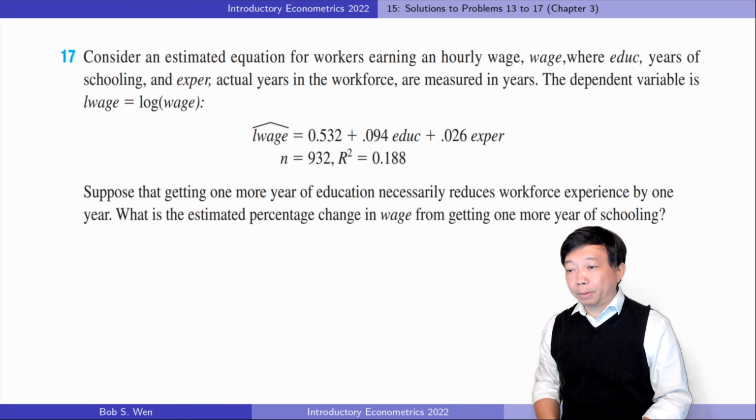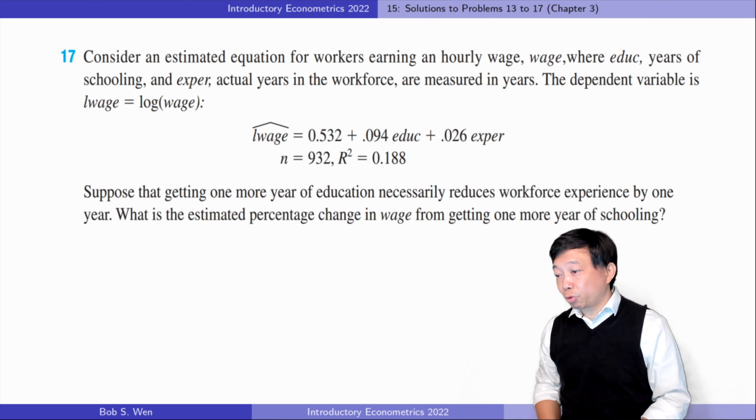Let's go to problem 17. Suppose that getting one more year of education necessarily reduces workforce experience by 1 year. One more year of schooling results in one fewer year of work experience.